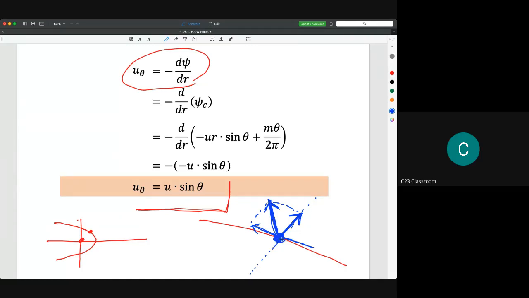Maybe my drawing is not to scale, so it might look a little bit weird, but at least you understand the meaning of UR and the meaning of U theta. It is about one molecule here. It has a component in the radial direction and a component in the theta direction, and finally it needs to move along this line.